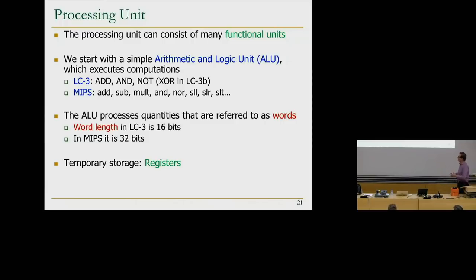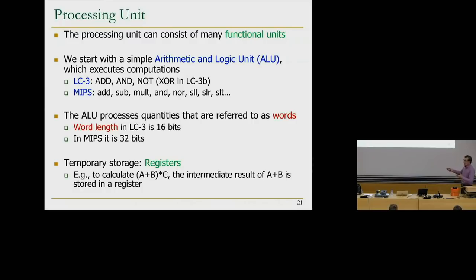That's the idea. For example, if you want to do the calculation A plus B times C, you bring A into a register, you bring B into a register, you do the A plus B, store the result into a register, and then you bring C into another register, and then you do the multiplication of those two registers, store the result in another register, and then write the register back into memory. That's the idea.